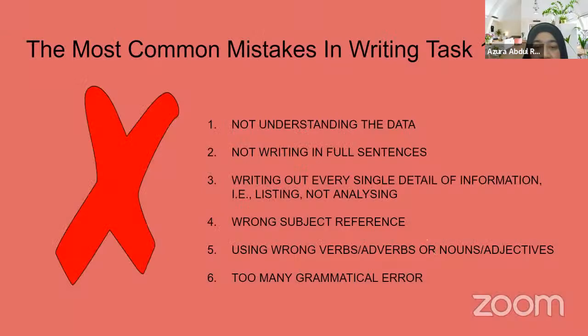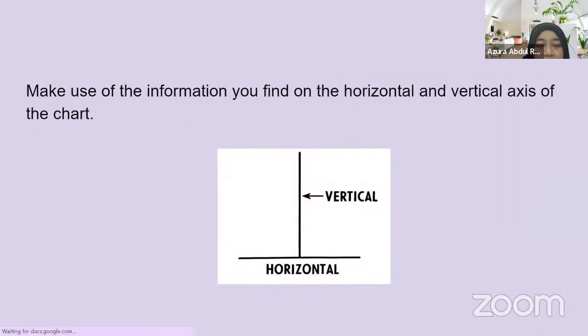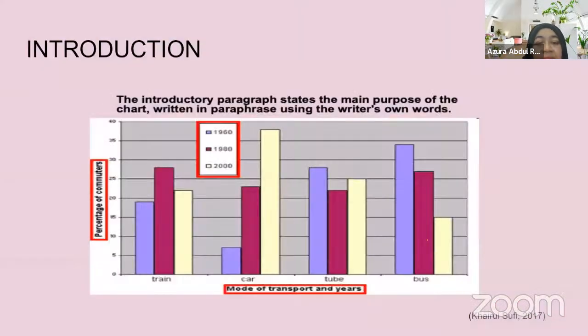Where was I just now? Okay, here. Wrong subject reference. This is very, very common. For example, here, the subject reference is the percentage of commuters. What were the modes of transport? You don't say car increased in 2000.